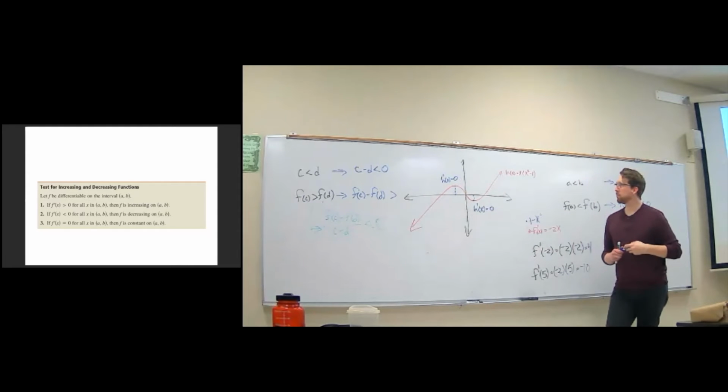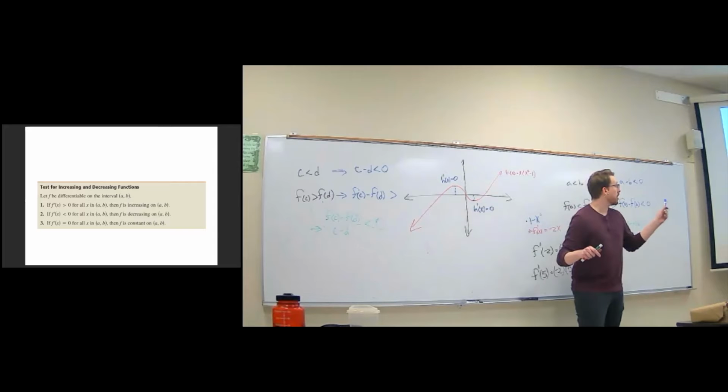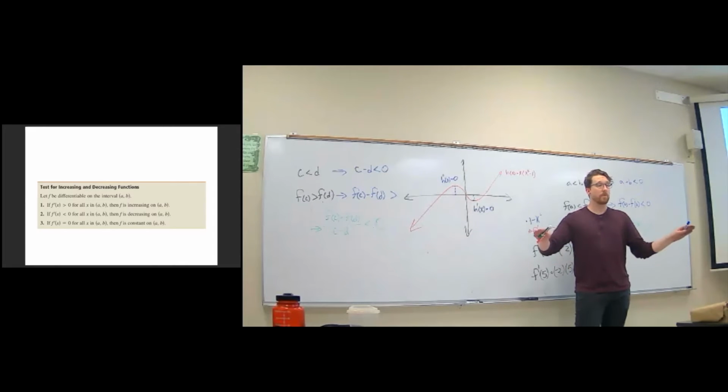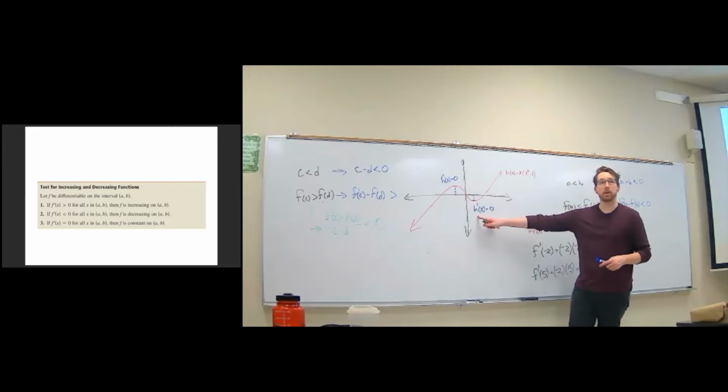These 2 spots are local peaks, or local troughs. This is a local peak, this is a local trough. So derivative 0 tells you a few different things. If it's on an interval, that makes your function flat. If, however, it's at a point, it means your function is either at a peak or at a trough.